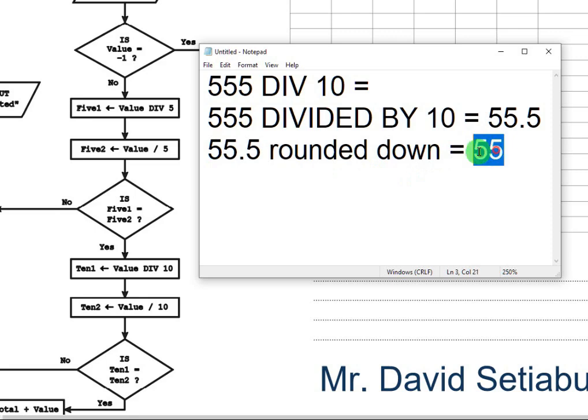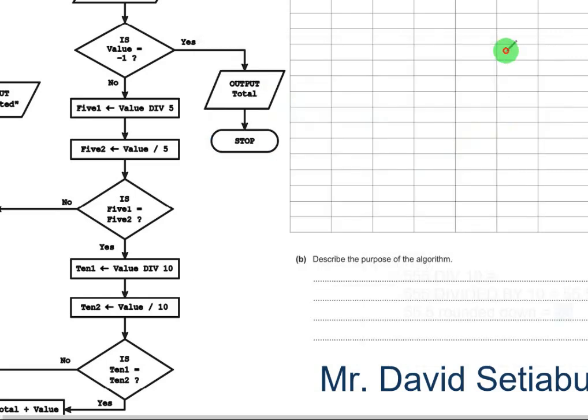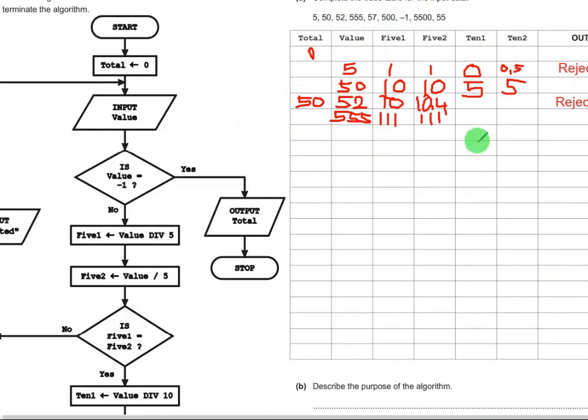Okay, so the answer is 55. This one is 55.